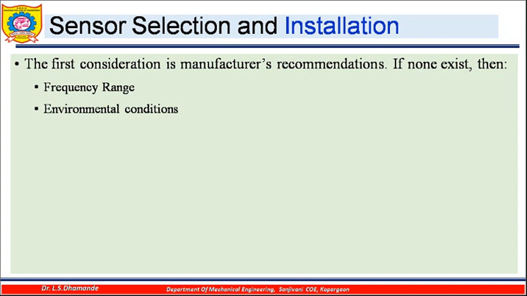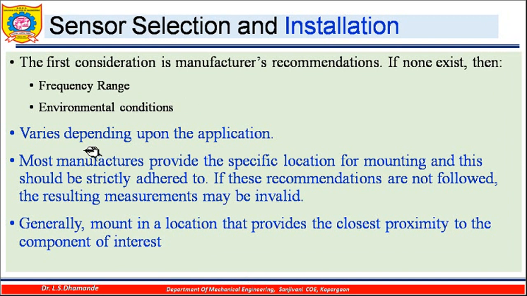If there is no such thing, then you have to refer to the frequency range. Just check the frequency range for which it can be used, then check the environmental conditions in which it can work. Then it varies depending upon the application, so as the application changes, your sensor selection will change.